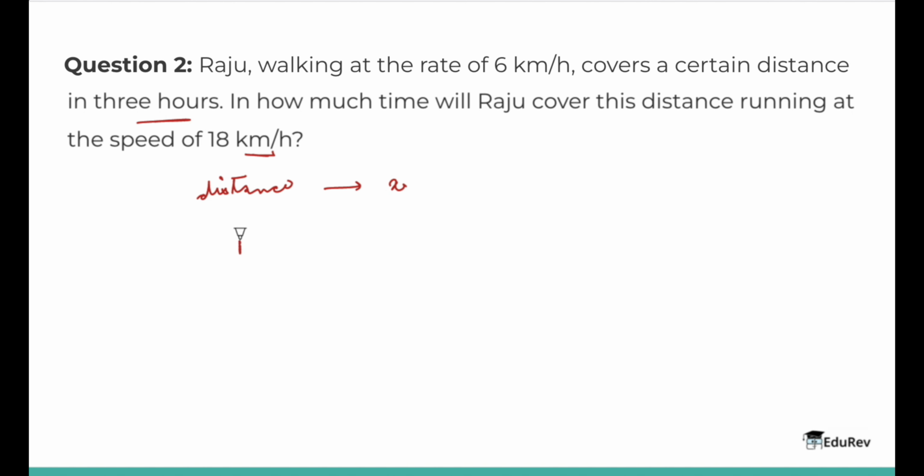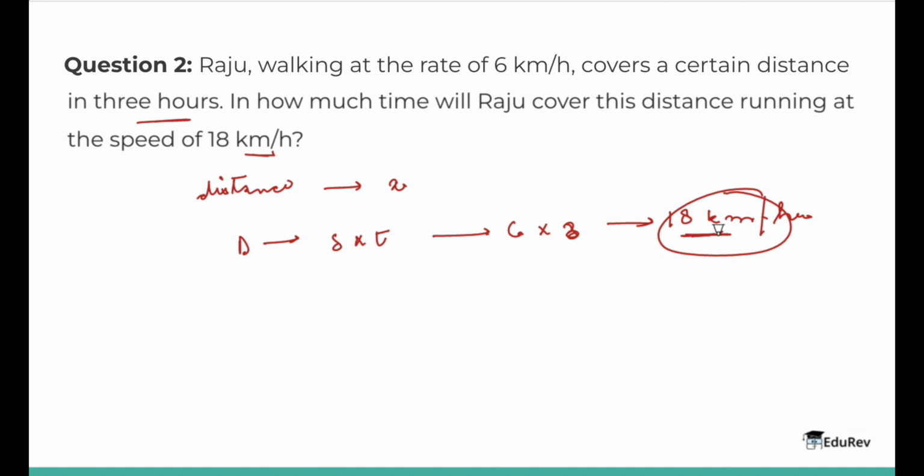And we know that distance is nothing but speed into time. So 6 into 3 is 18 kilometers, which is going to be the distance.